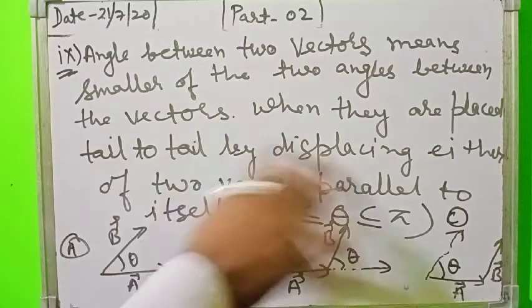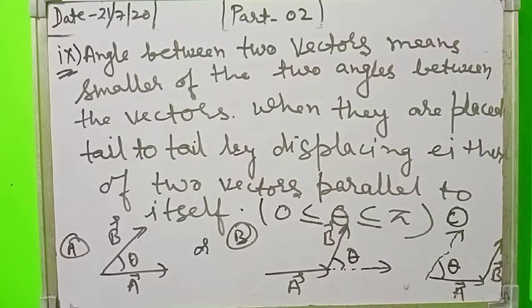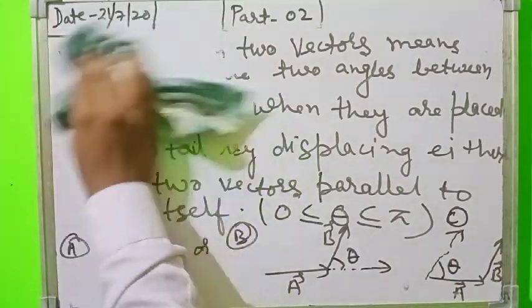So I think it is clear to you, students. Now the next is the angle between two collinear vectors.